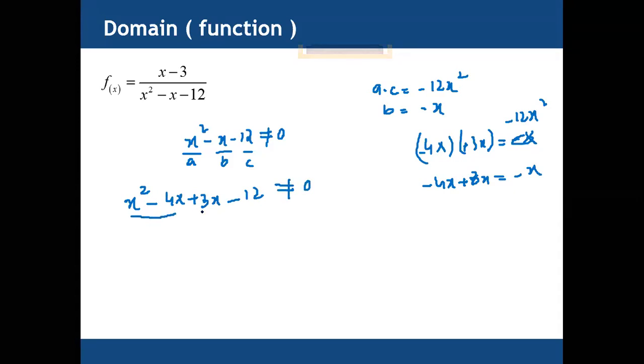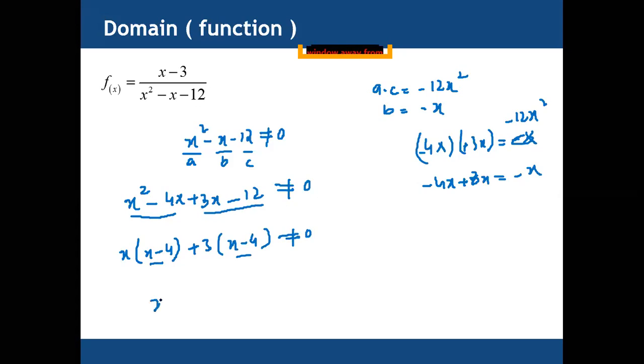Taking pairs, first pair and second pair, common we have x minus 4 plus we have common 3 times x minus 4, not equal to 0. We have x minus 4 common, so x minus 4, then we have x plus 3.